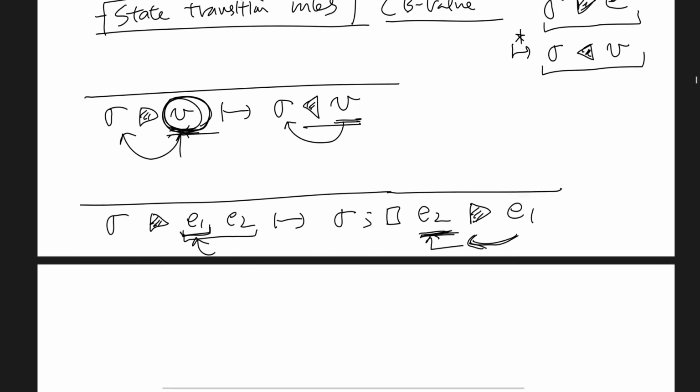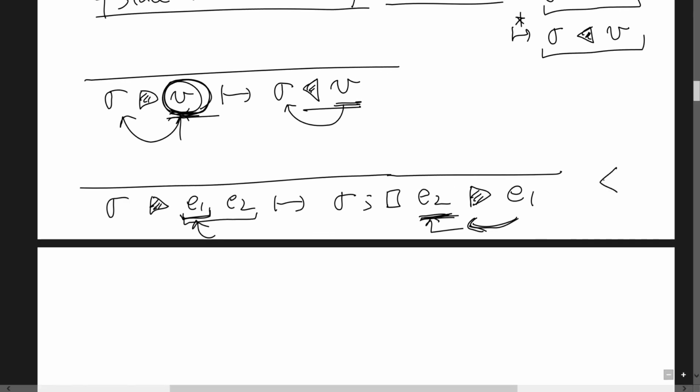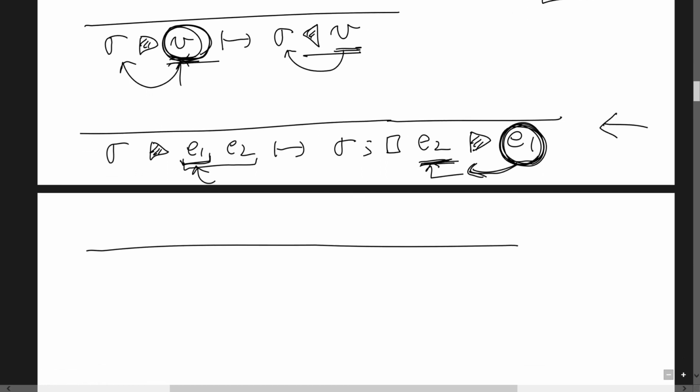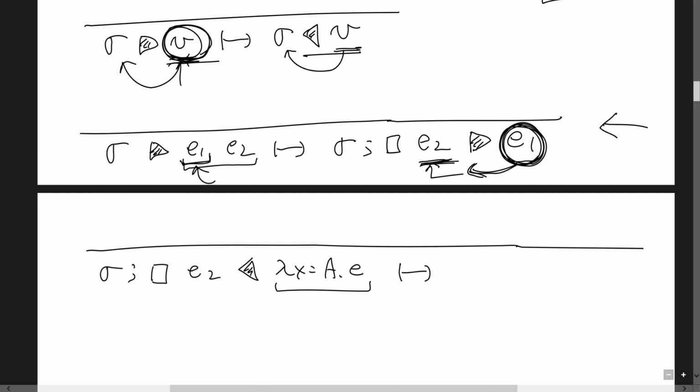Now suppose that everything goes okay. Then perhaps you will generate a lambda expression from expression E1. So later, perhaps you will have something like sigma, the hole with expression E2. This is lambda abstraction. Now you are returning this value V. Then what is the next state?